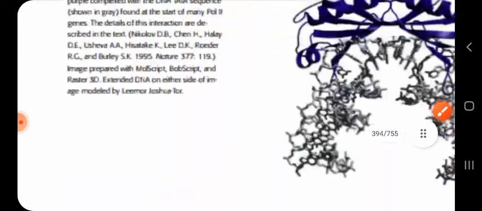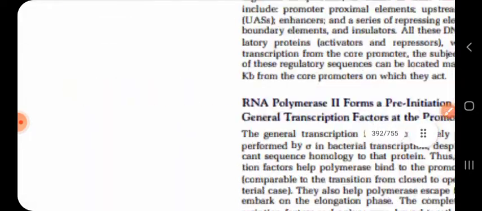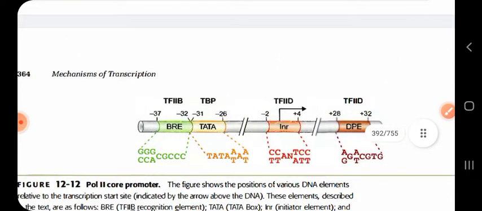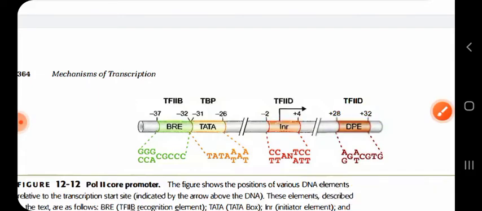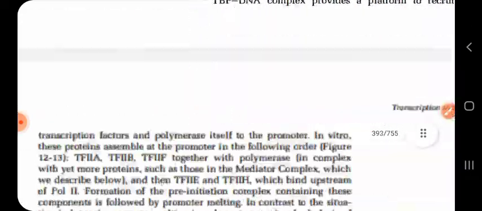Remember that INR element, I have shown it to you. So one of the TAFs binds to this INR or initiator element. One more TAF associates with the DPE element, called the downstream promoter element.